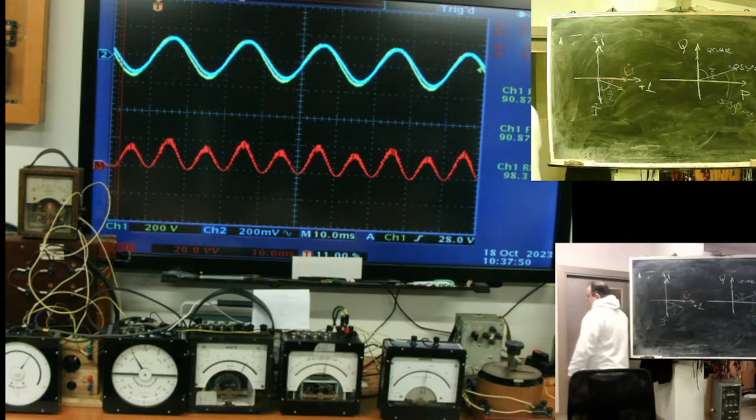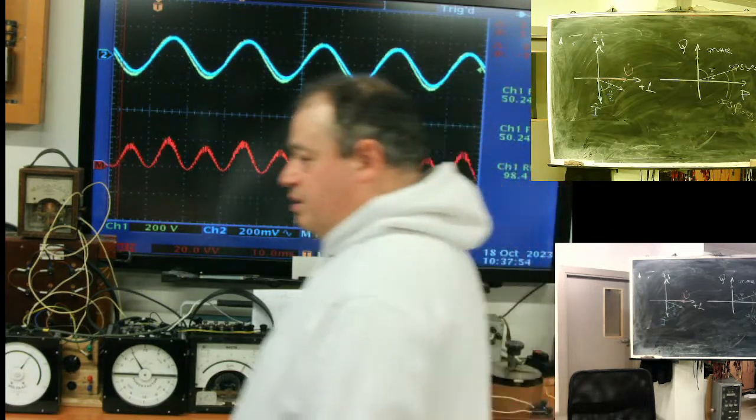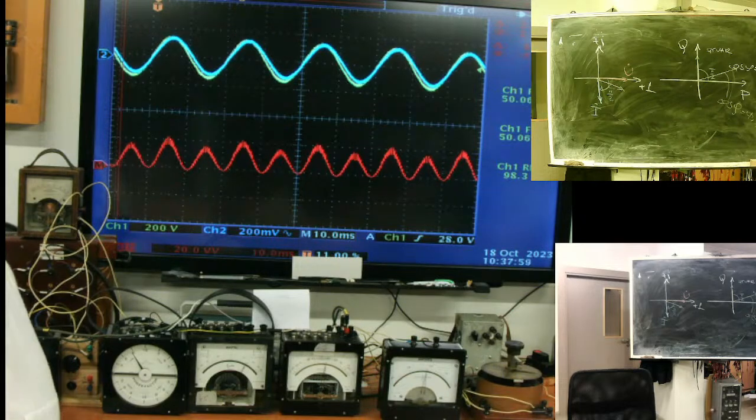We can compensate reactive power by adding a capacitance in parallel to our load. It will reduce losses.